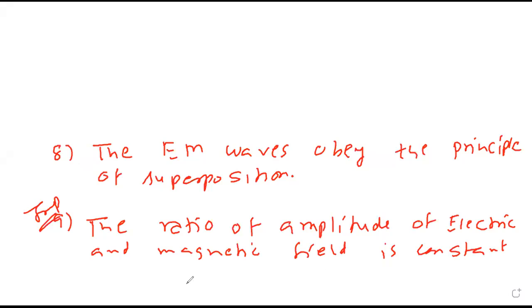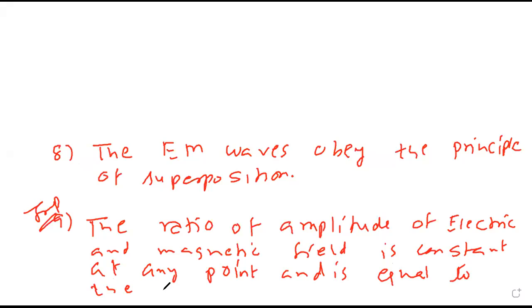The ratio of magnitude of electric and magnetic field is constant at any point and is equal to the velocity of electromagnetic waves. Important, I said, because mostly numerical, they can ask you based on this.